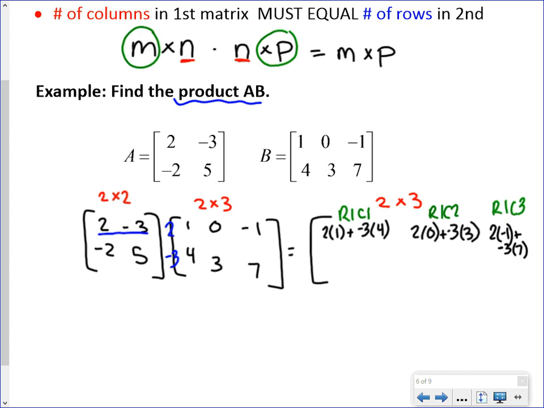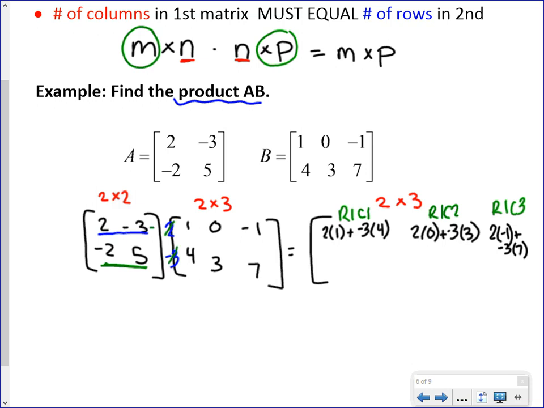Okay, ringing the bell. How do you get the second row of the answer matrix? You do the same thing with the second row. So now we're going to go back and we're going to pull out -2, 5 and think about distributing that.